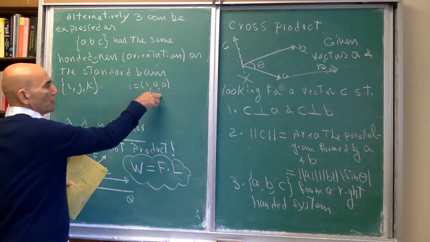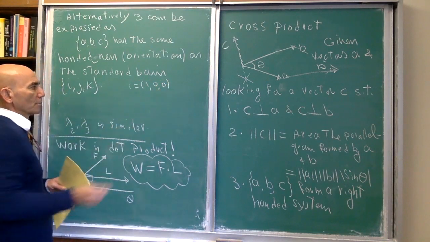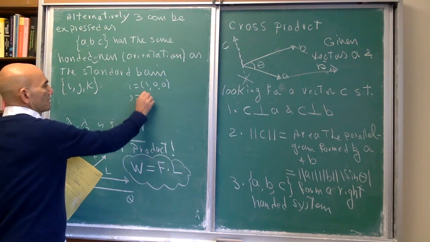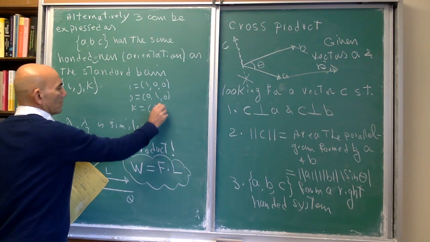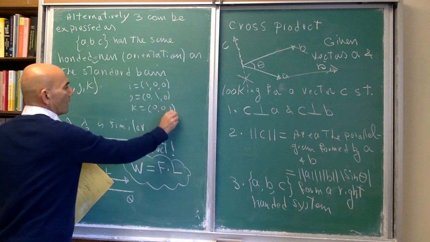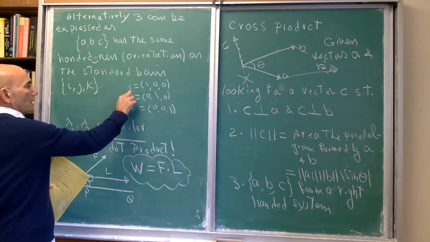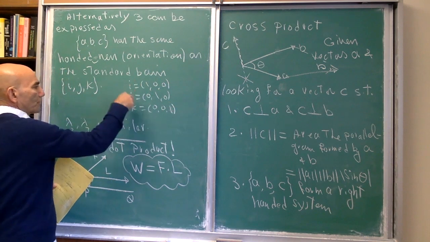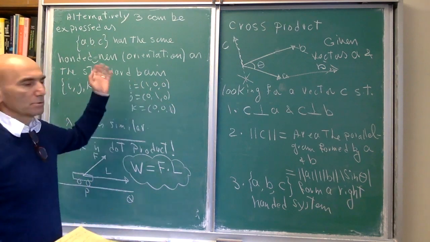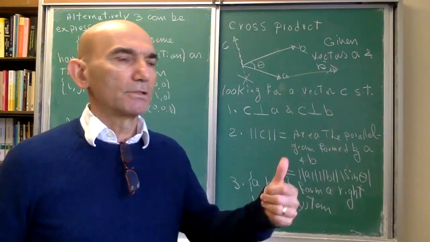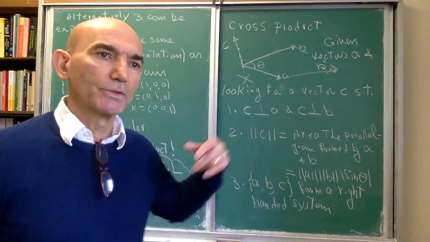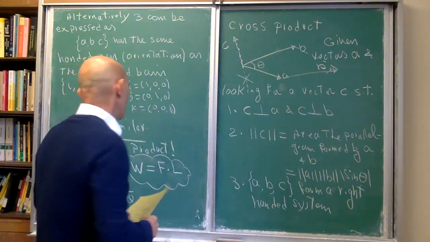You can tell your computer what i is, right? j is 0, 1, 0, and k is 0, 0, 1. So you can just code these three vectors into your computer, and then your computer can do computations without knowing anything about whether this is up or down or something. So this is a completely well-defined concept.